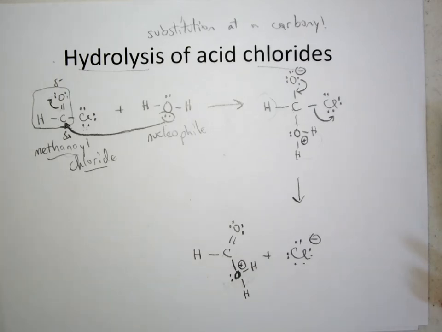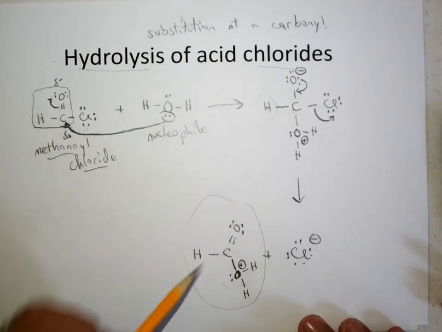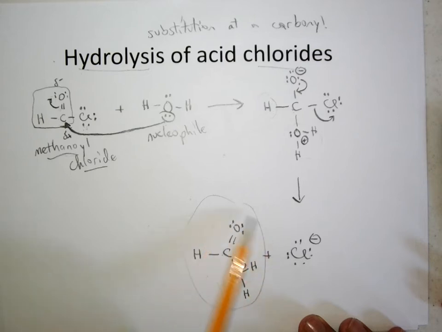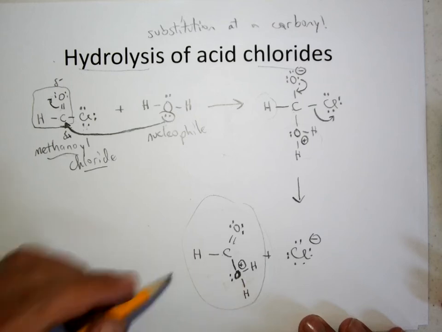So then what we've done is we've replaced the chloride with the water. And now this guy, since we lost a negative thing, is overall positive. And it's essentially a protonated acid. If acids are good at giving up their protons, protonated acids are really good.